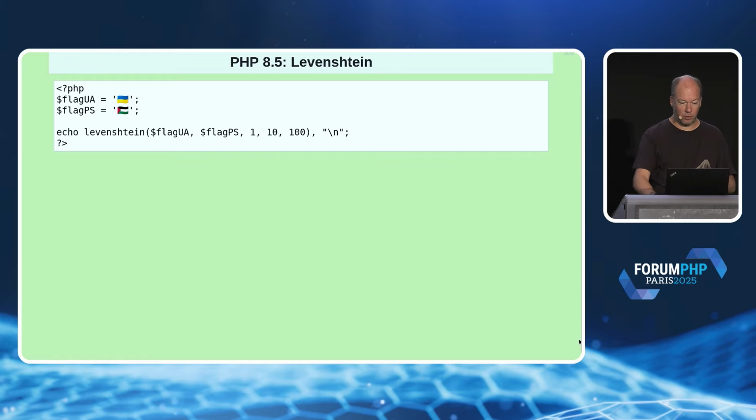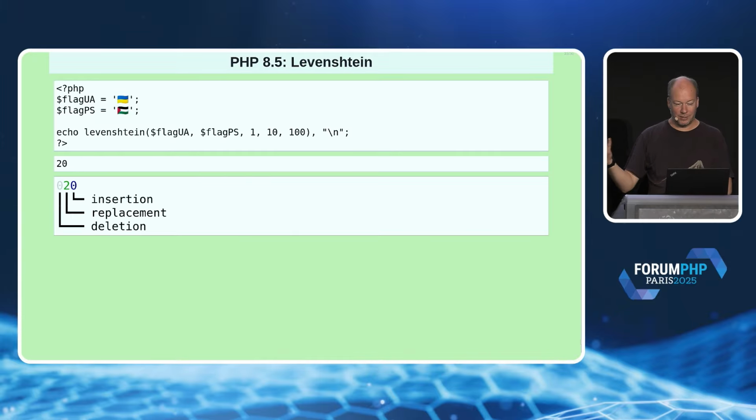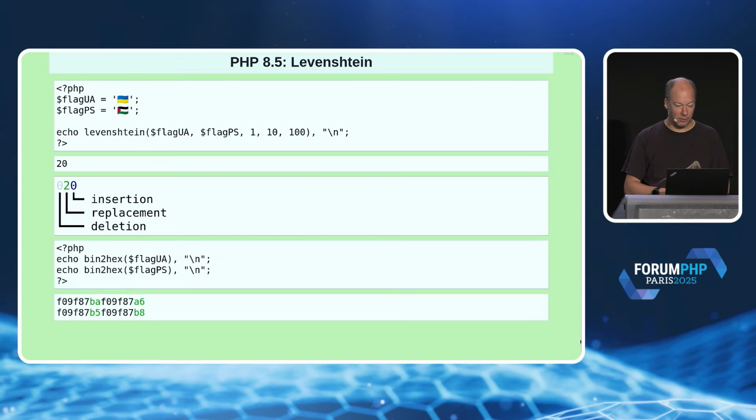But if we do this for, say, for example, flags, then what do you think the output ought to be? It's a 1 character thing that is different, right? But when you output this, you get 2 in this case, because there's 2 things different. Which 2 things are different in these flags? Well, if you look at how these are built, the flags are built up of each character of the country code attached together, and that then makes a flag.